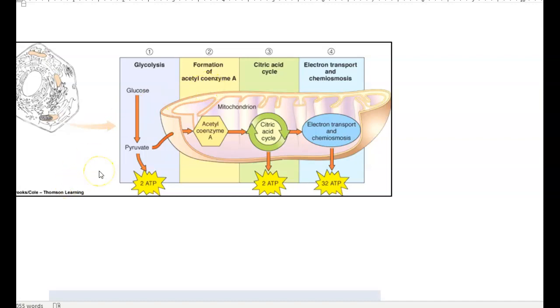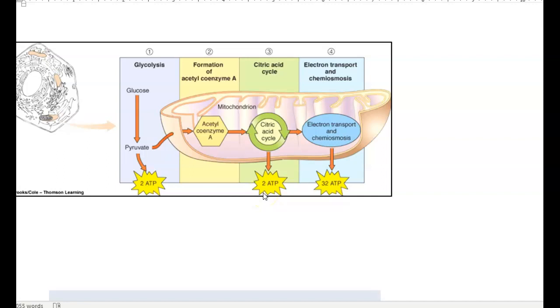The transition step is the formation of acetyl coenzyme A. That transition molecule, acetyl-CoA, still in the matrix of the mitochondria, enters the citric acid cycle. 2 ATPs are made. Both of these places make ATP through substrate phosphorylation.